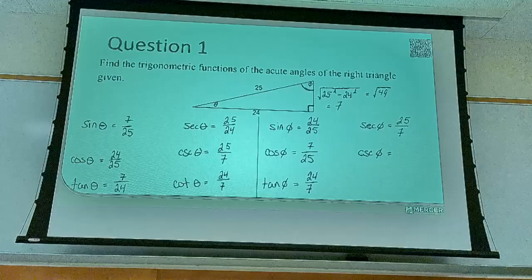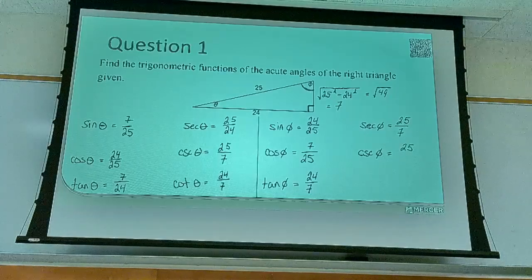Cosecant phi is hypotenuse over opposite. And cotangent phi, adjacent over opposite.